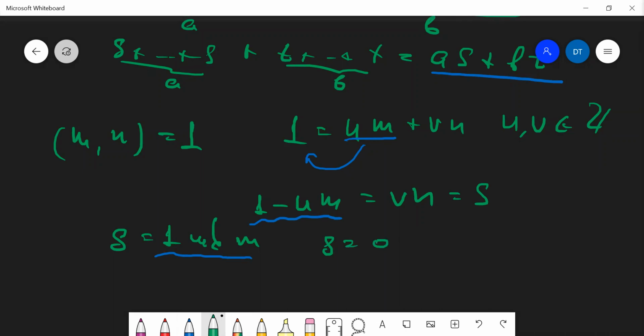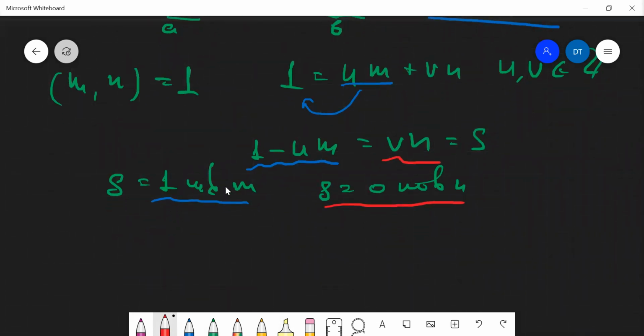And s is equal to 0 modulo n because of this part. And as you can see, we have found the element s with the required property. It gives you 1 modulo m and gives you 0 modulo n.